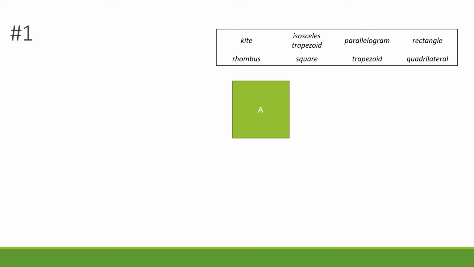So let's look at the first shape. Figure A, that is a square. But we should also ask, is this a kite? Is this an isosceles trapezoid? Is this a parallelogram? Take a moment and think about whether these names apply to this figure here.